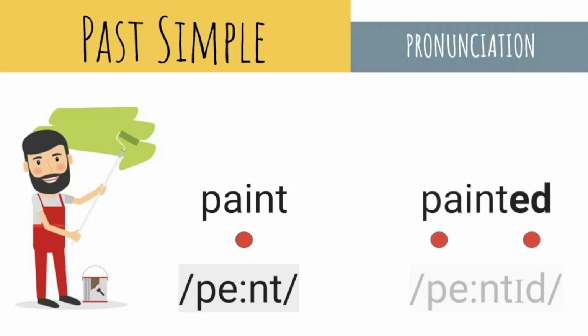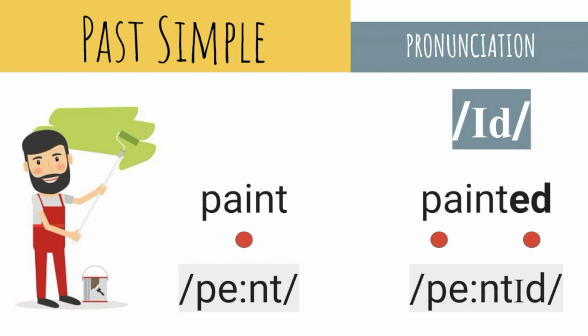Painted. Painted is two syllables. Paint, tid, painted. In these words, the ed adds an extra syllable, id.